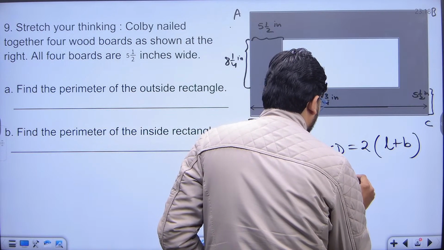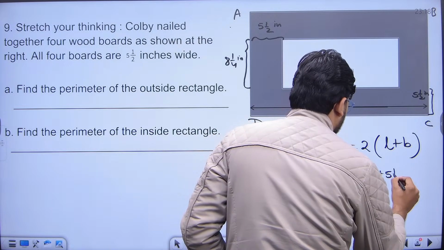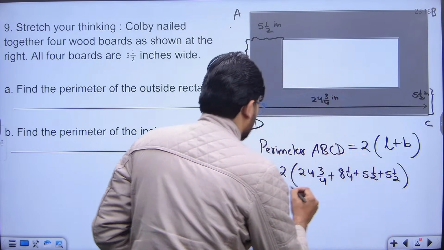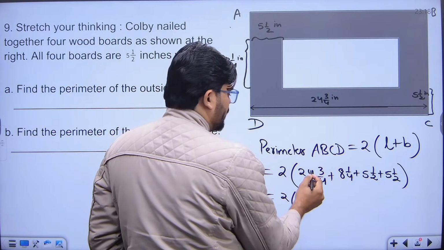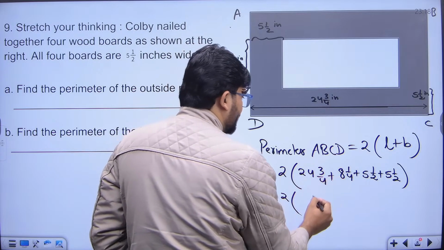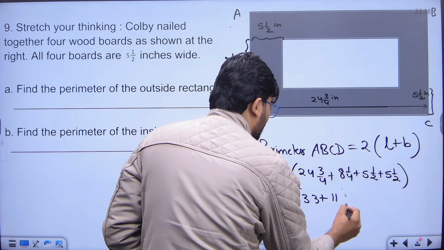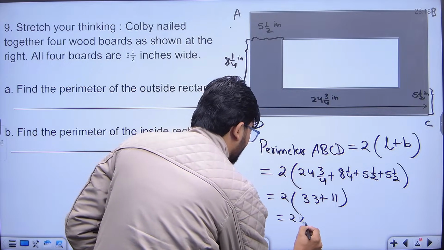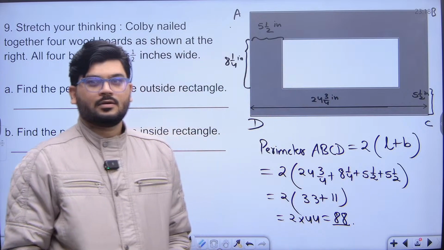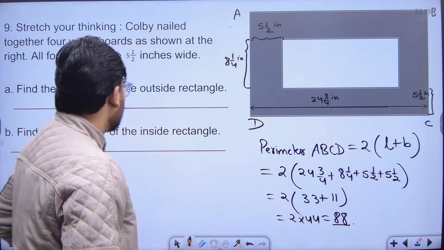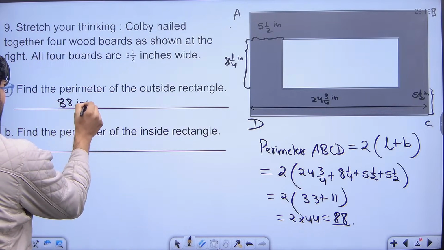So it is going to be 8 1/4 plus 5.5 plus 5.5. So when we add them, 24 3/4 plus 8 1/4 is going to be 24 plus 8 is 32 plus 1, 33, plus this is going to be 11. So that means 2 into 44, which is equal to 88. So the right answer is 88 inches.